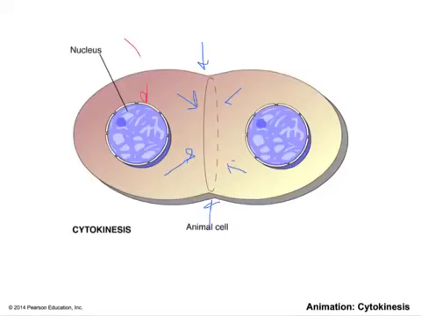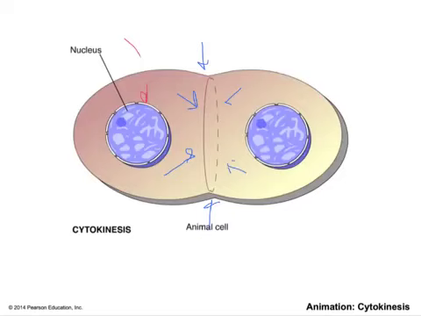Okay, so what is occurring around this contractile ring is that actin microfilaments are pulling the plasma membrane in closer as you get contraction of the ring. And actin microfilaments are a separate type of cytoskeleton filament, right?